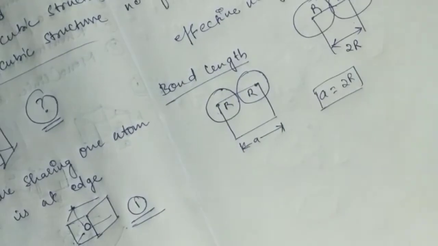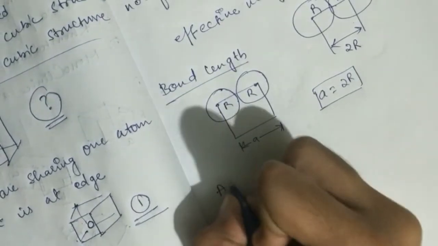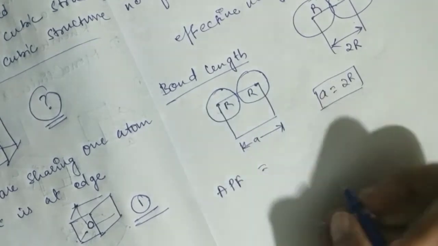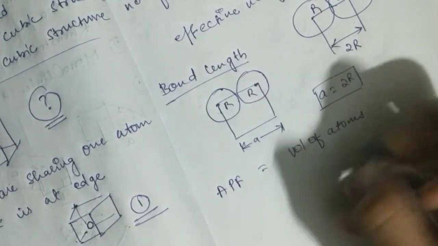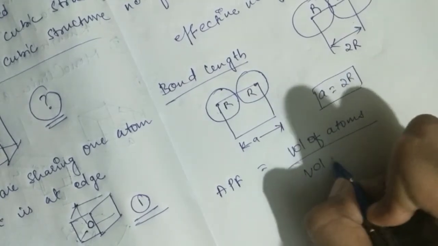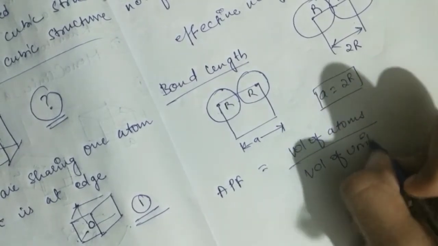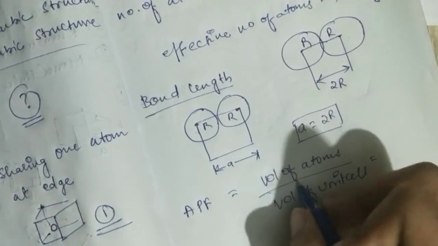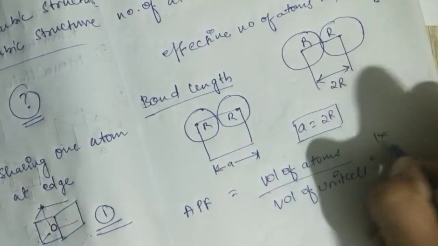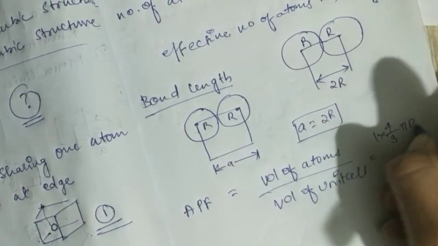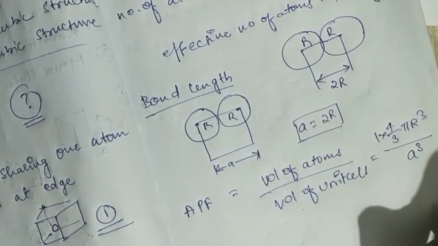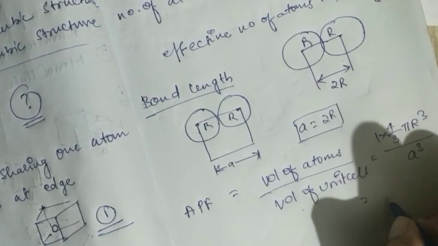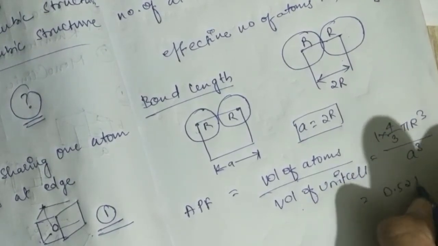And atomic packing factor, or packing density. Atomic packing factor is defined as volume of atoms divided by volume of unit cell. How many atoms are there? Only one atom. So 1 into 4/3 pi r cube divided by the volume of the unit cell, which is A cube. Okay, we will get 0.52, that is 52%.